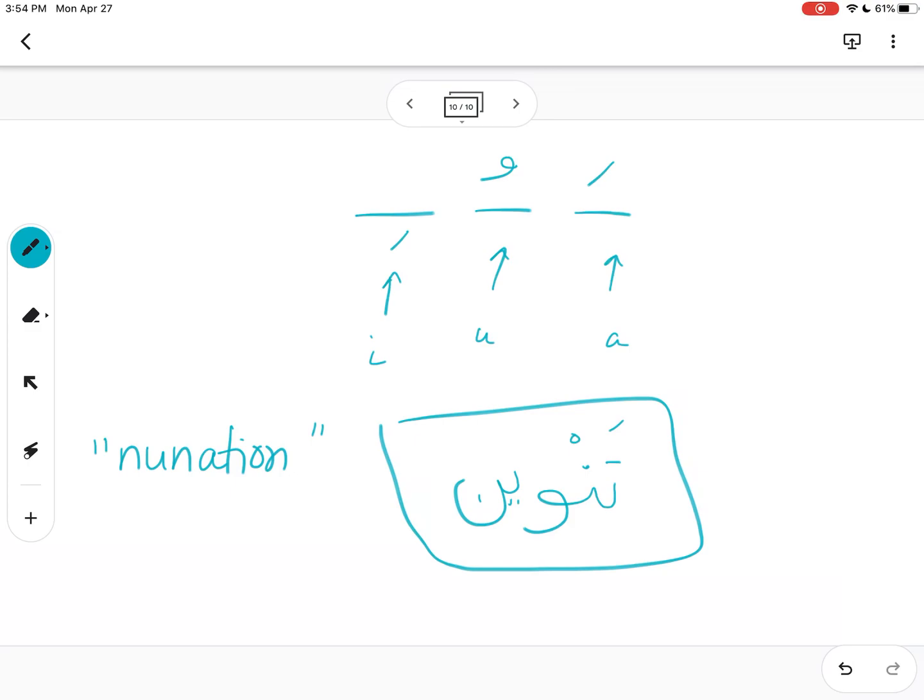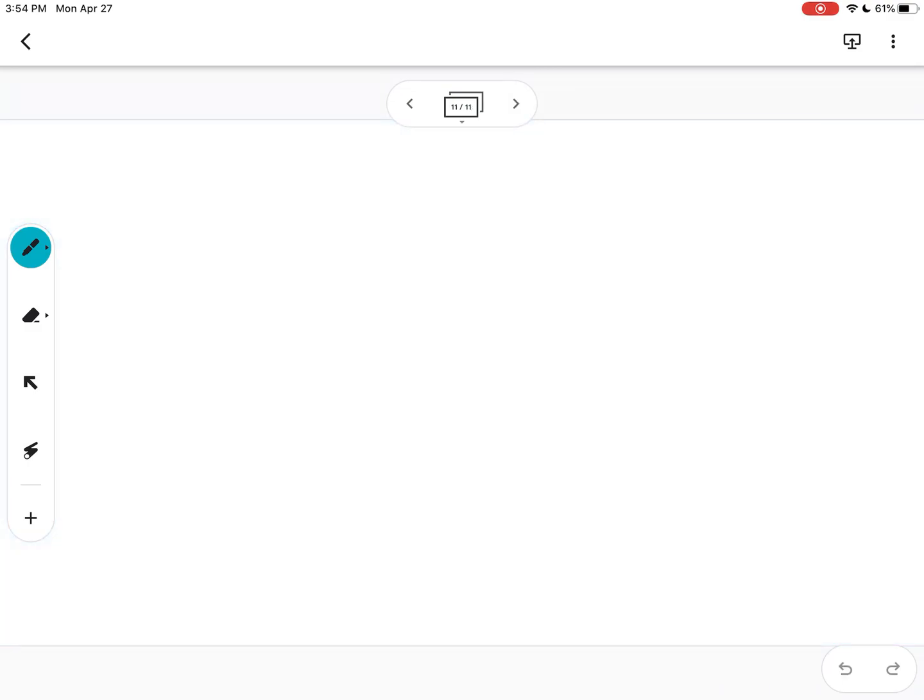Okay? So, there's three types of tanween that we have. When you take a fatha and double it, it's called tanween fatha or tanween al-fath. When you take al-damma and double it, it's called tanween damma or tanween al-damm. And when you have a kasra and you double it, it's called tanween kasra or tanween al-kasr. And what this is, when you take the haraka and you double it and you add the sound of the noon at the end of it.